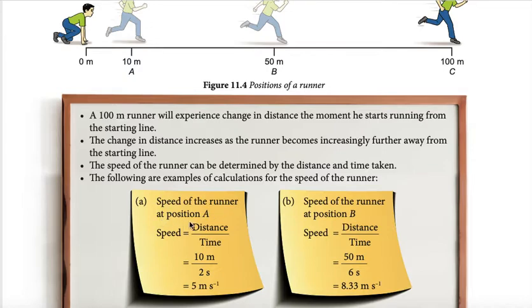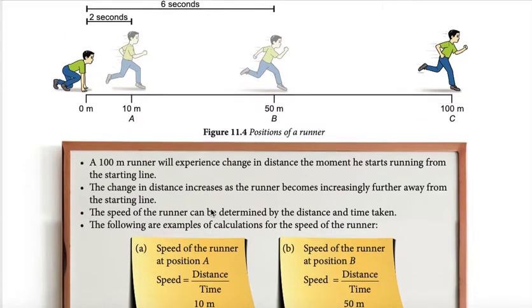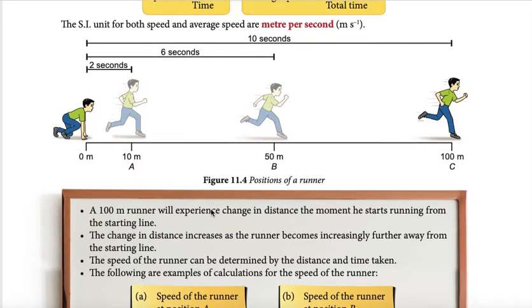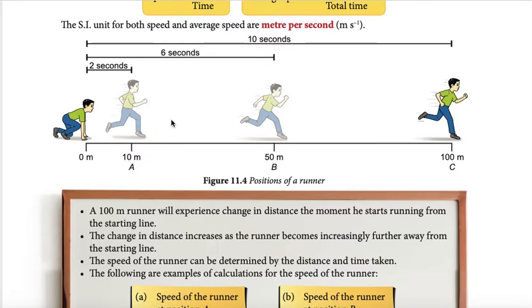Speed of a runner at position A. So when we refer to this diagram here, this runner can reach 10 meter in just 2 seconds. Pelari ini boleh lari jarak 10 meter dalam tempoh 2 saat.